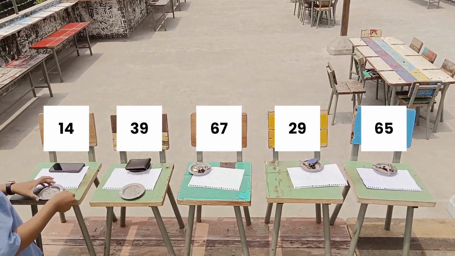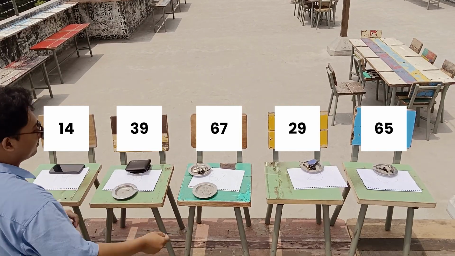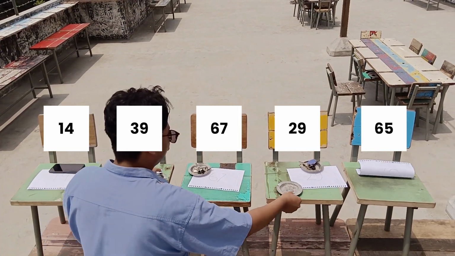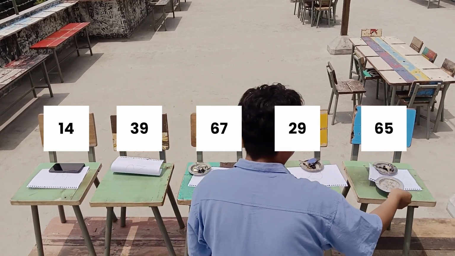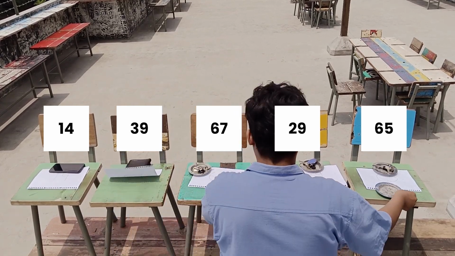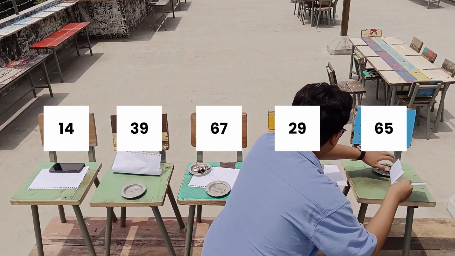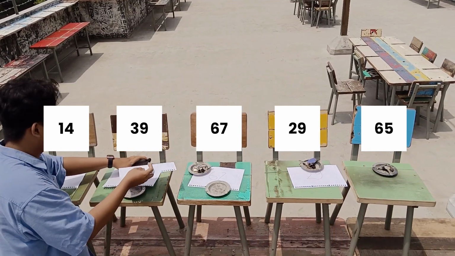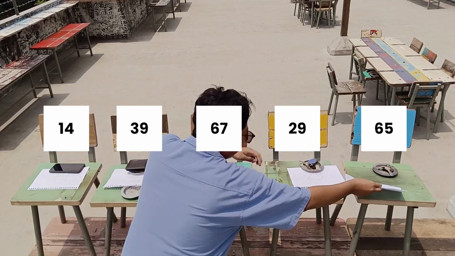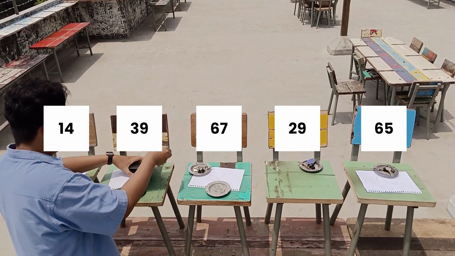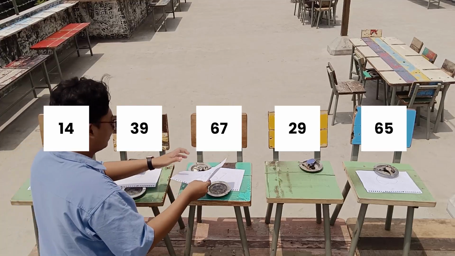After that, the pointer will be moved to the 14, and the 14 will be checked with the 67, 29, and if there is a number that is lower than 39, we will mark the index of the number, and we will move the number into the exact position that we're going to change.